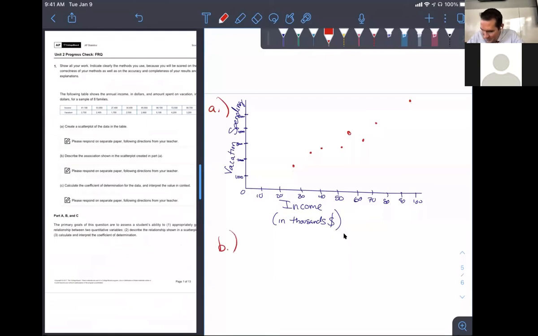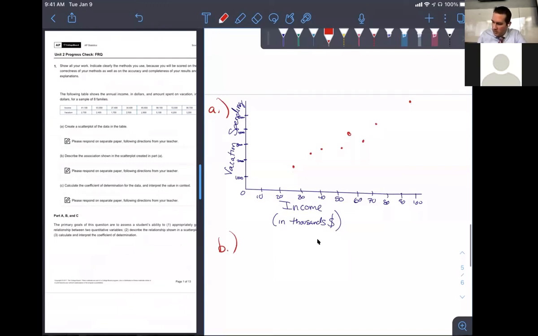Part B. Describe the association shown in the scatter plot. So this is our shape, outlier, direction, and strength.